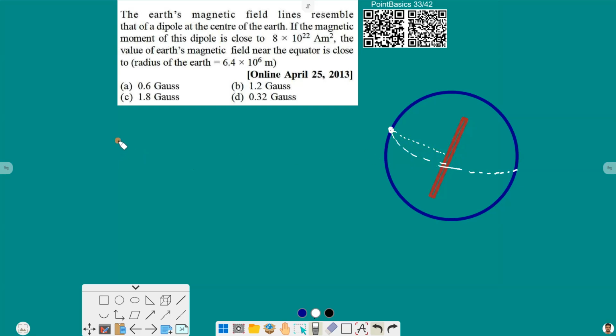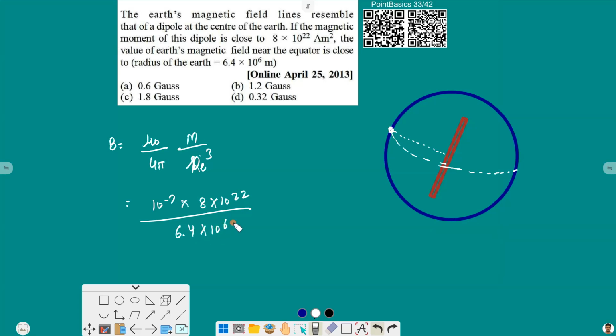And in these scenarios, the magnetic field by a dipole at an equatorial point is mu naught by 4 pi into m divided by the distance cubed. Here the distance will be the radius of Earth. So it will be 10 raised to power minus 7 into m, that is 8 into 10 raised to power 22, divided by (6.4 into 10 raised to power 6) whole cube.